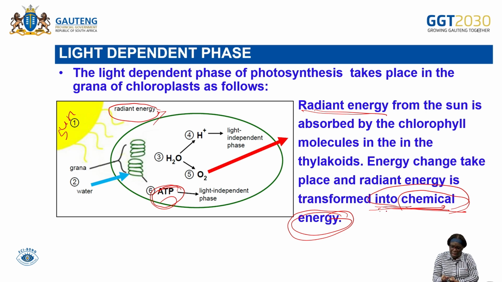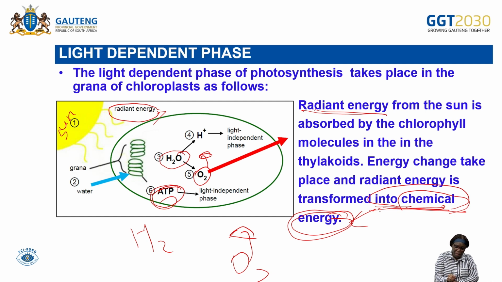What will the chemical energy do? The chemical energy will now split water molecule into hydrogen atoms and what? And the oxygen atoms. And the oxygen will be liberated or released to the atmosphere. Oxygen, do you see this is the oxygen? The oxygen will be released to the atmosphere.